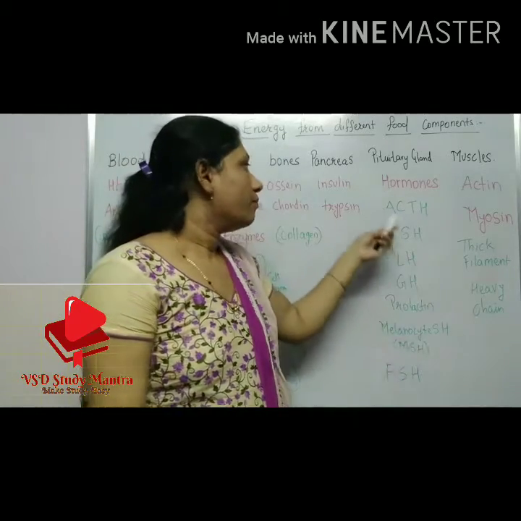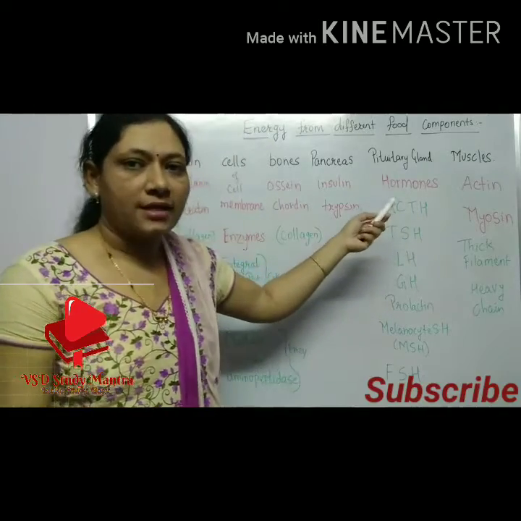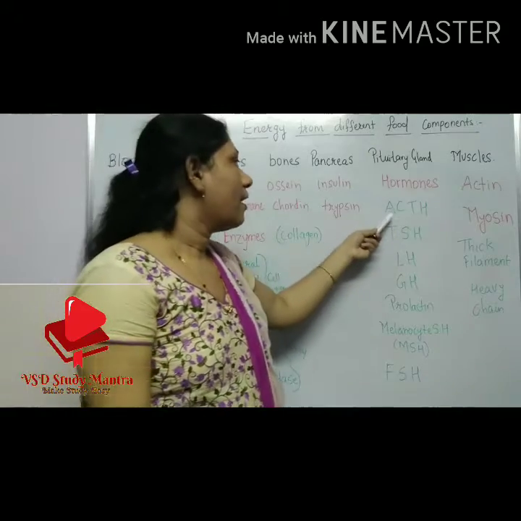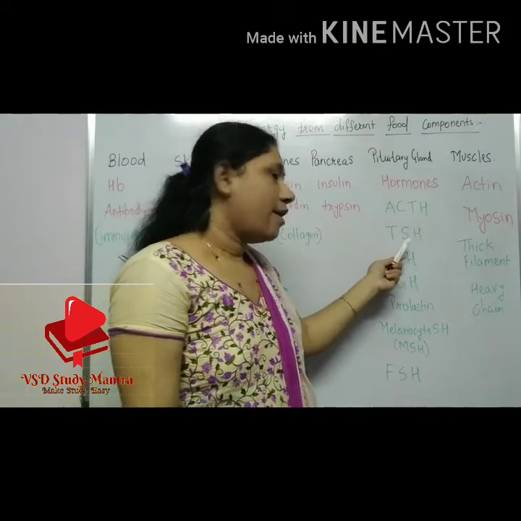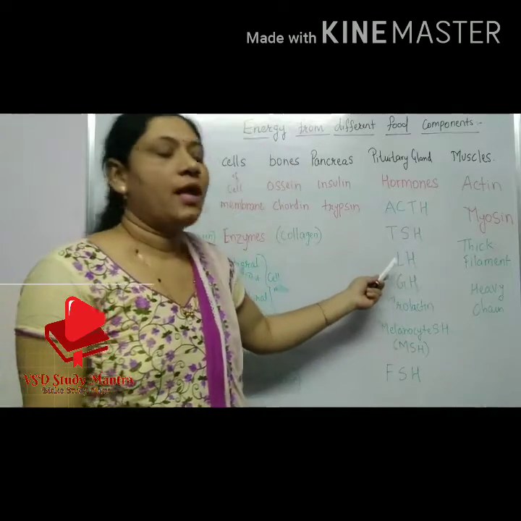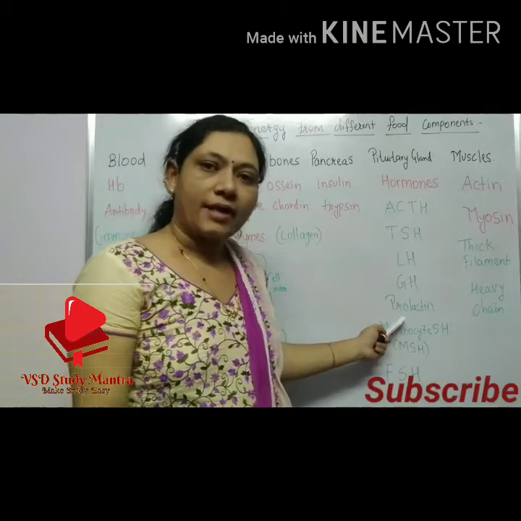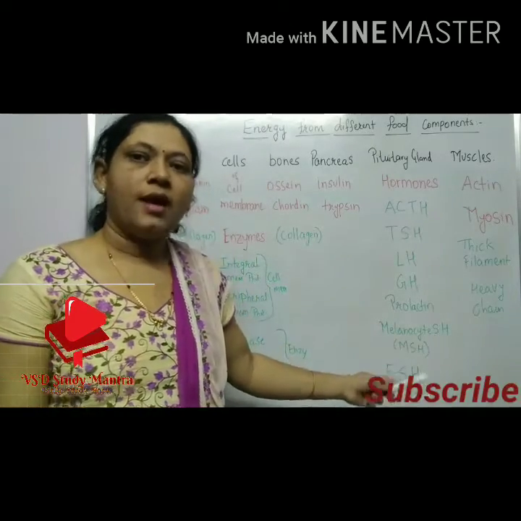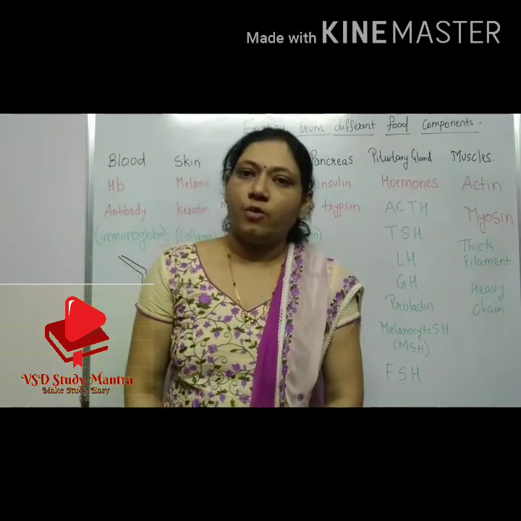Okay, so the hormones which are stimulated from pituitary glands are a type of proteins, and they are adrenocorticotropic hormone, thyroid stimulating hormone, luteinizing hormone, growth hormone, prolactin, melanocyte stimulating hormone, and follicle stimulating hormone.